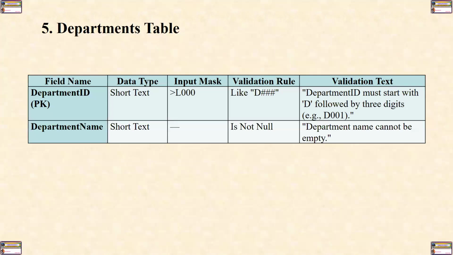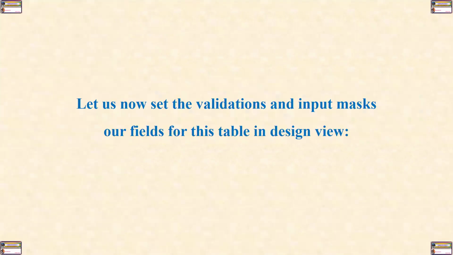We have also set the departments table, where we have said that department ID must start with the letter D, followed by 3 digits. And therefore, the validation rule is as you can see, and the input mask is as you can see. The name for the department must be there. That's why we are saying it is not null.